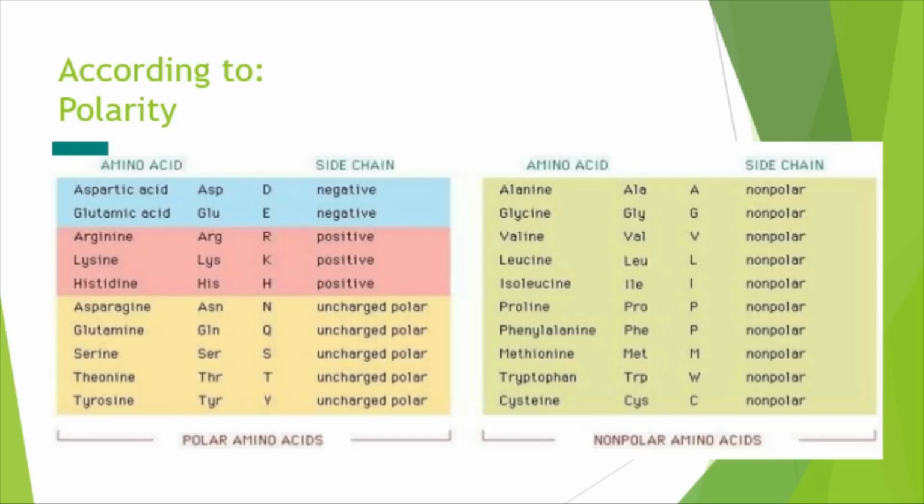Under polar, we have your aspartic acid, glutamic acid, arginine, lysine, histidine, asparagine, glutamine, serine, threonine, and tyrosine. Under nonpolar, we have your alanine, glycine, valine, leucine, isoleucine, proline, phenylalanine, methionine, tryptophan, and cysteine.